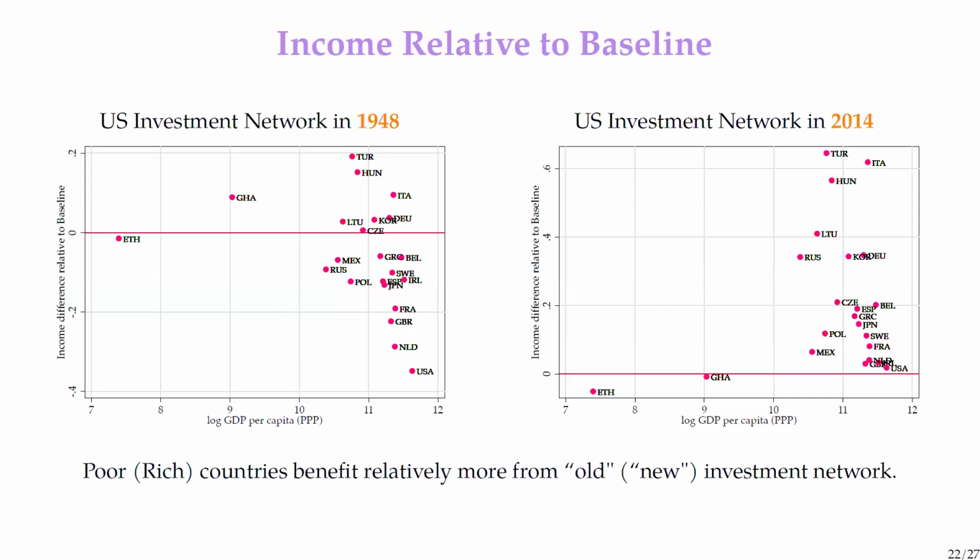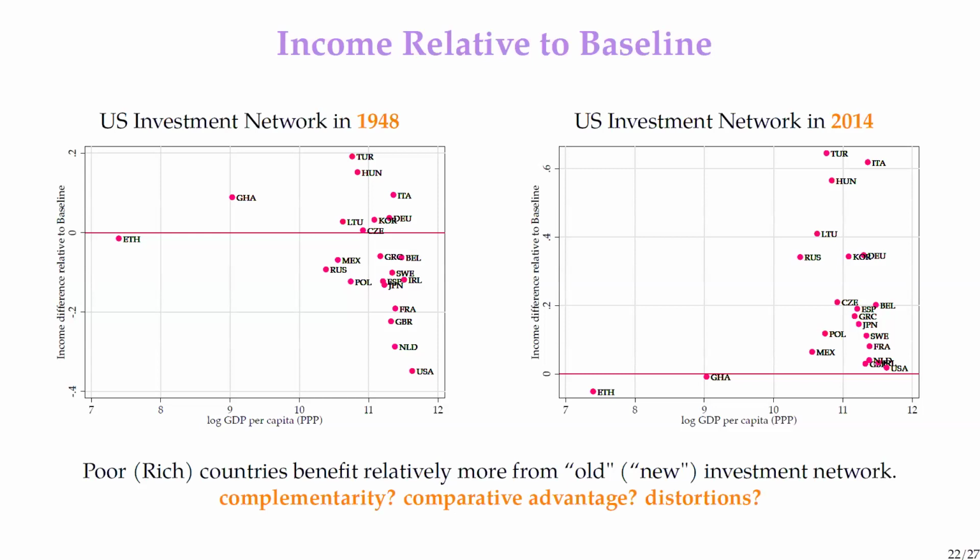On the other hand, if we impose the investment network of the US in 2014 as a proxy of a newer technology, we can see that in this case, high-income economies benefit way more from these newer technologies. So this is just kind of an empirical characterization.